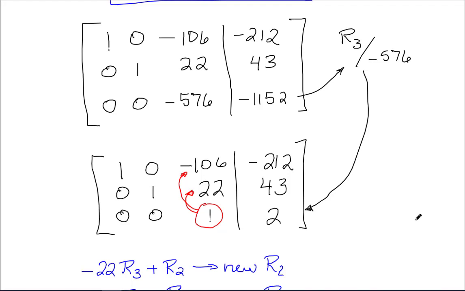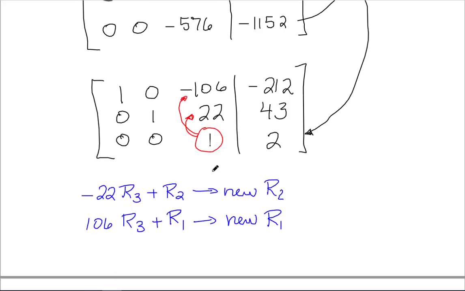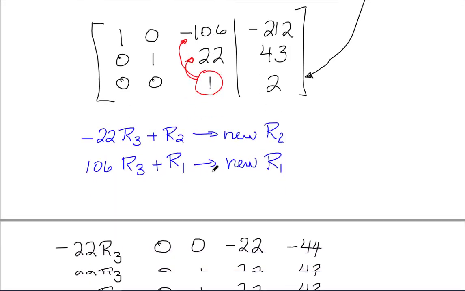All right, so we're 2/3 of the way done. All I need now is to make a 0 there and make a 0 above it. So I need a -22 to make that a 0, and I need a +106 to make that a 0. All right, let's do it.